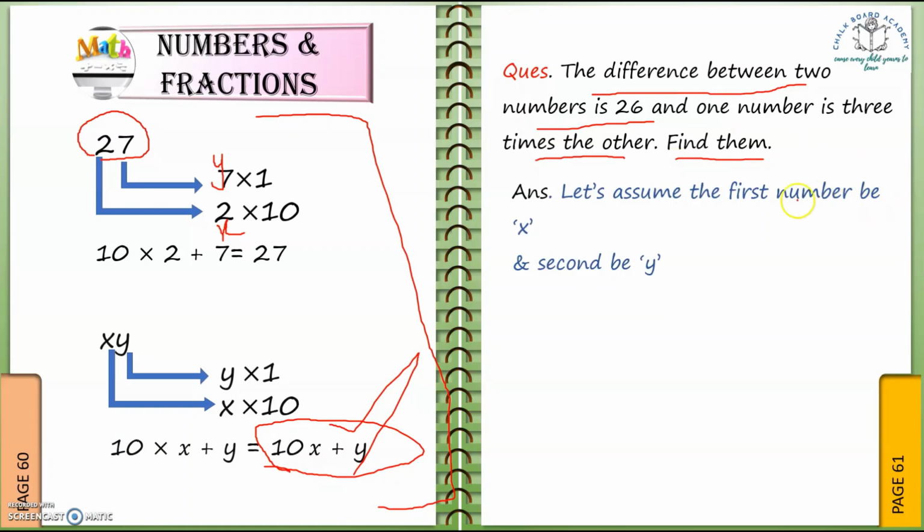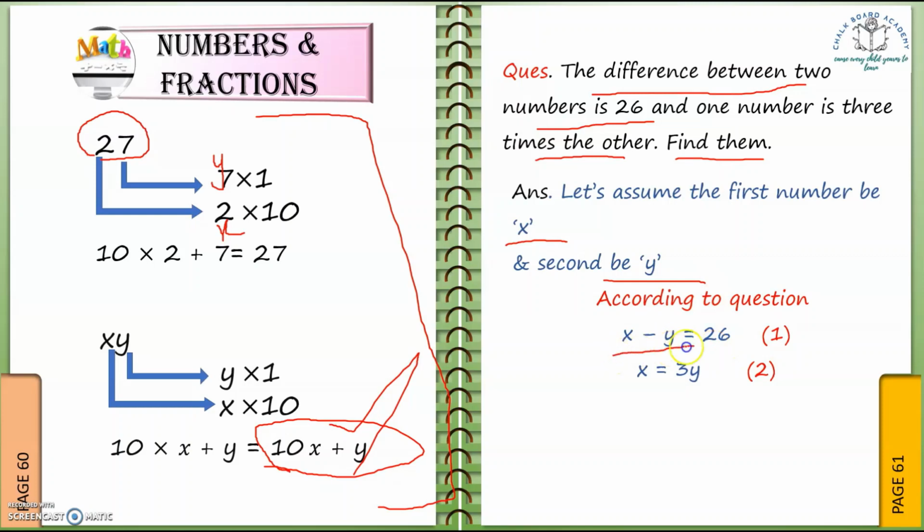So we have assumed the first number be x and the second number be y. So according to the question it becomes x minus y is equal to 26 and x is equal to 3y. So there are two equations. We can simply put the value of equation 2 in equation 1, that is the substitution method, to find out the value of y first.